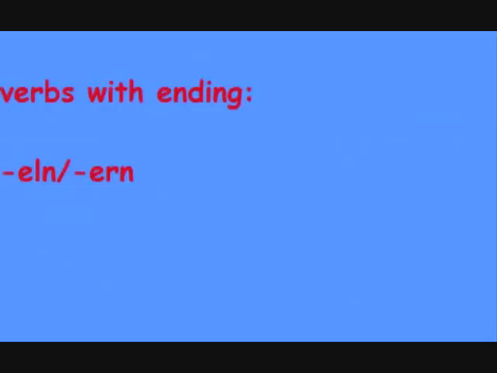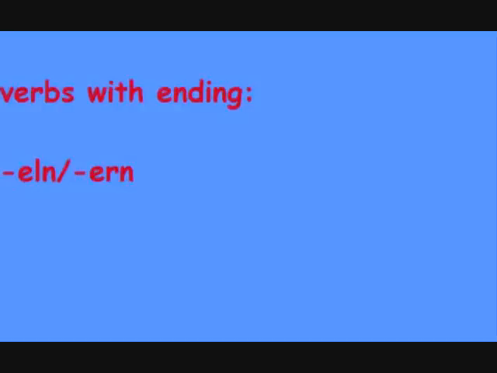The last group of verbs in German are the verbs on -ern and -eln, where for the stem you just take away the n, not the -en like in the other verbs, so just the n.